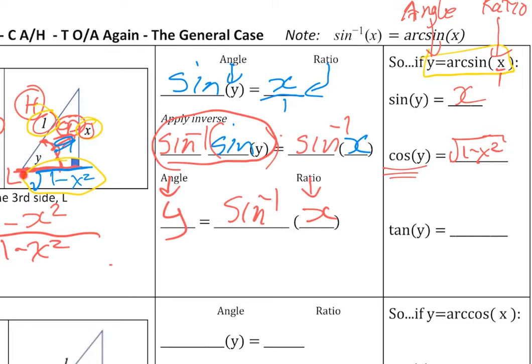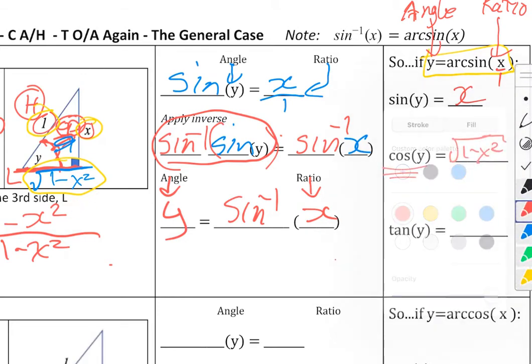Tan y, so here's angle y right here, and tan is opposite x divided by adjacent square root of 1 minus x squared.